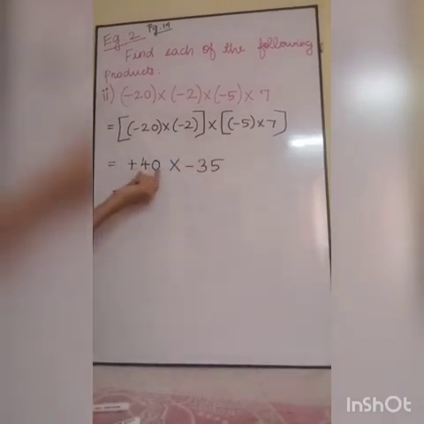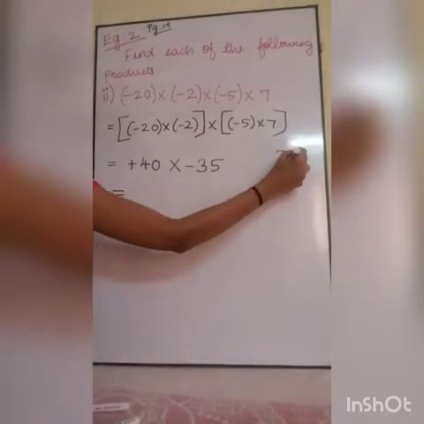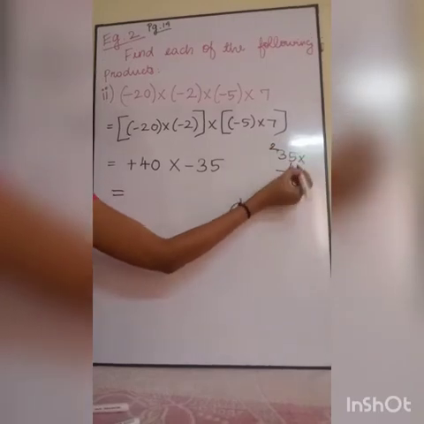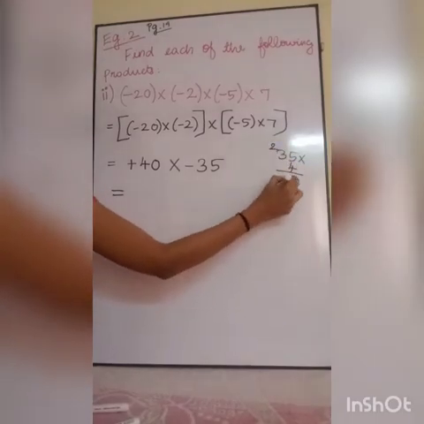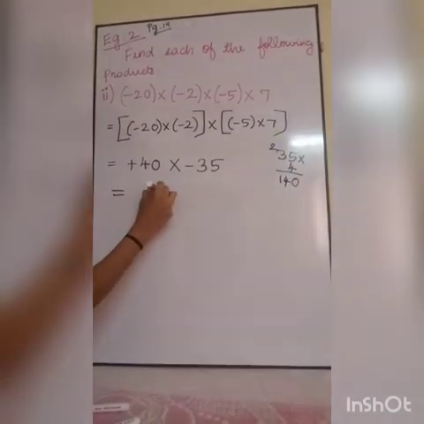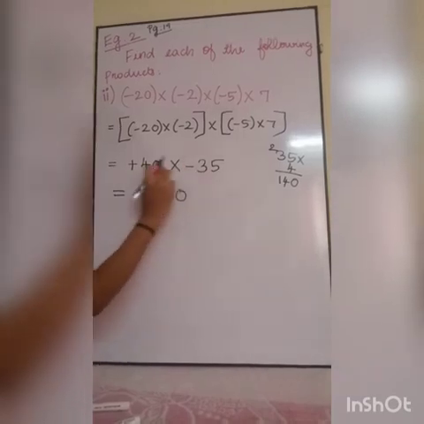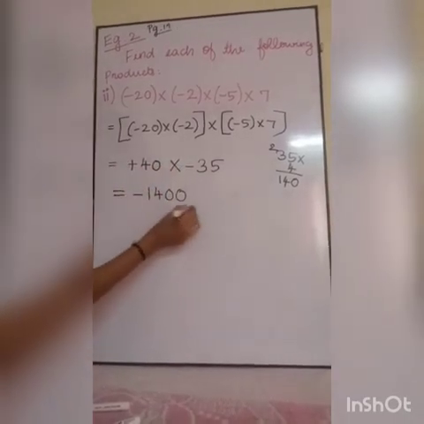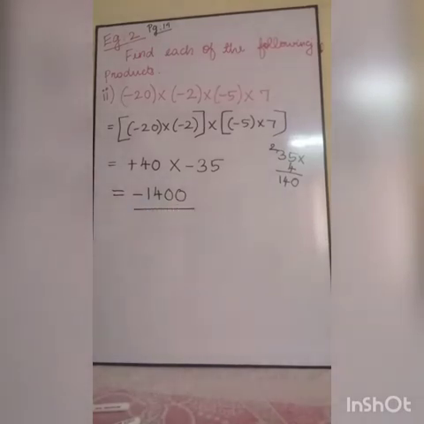Now 40 into 35: 5 fours are 20, 4 threes are 12, 14, so 1400, because this 0 is there. Plus into minus is minus. So the answer is 1400.